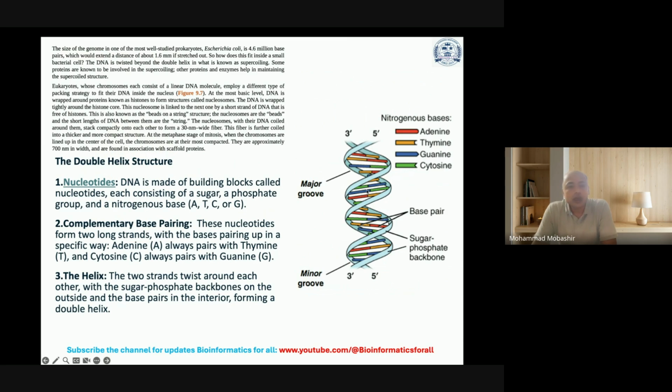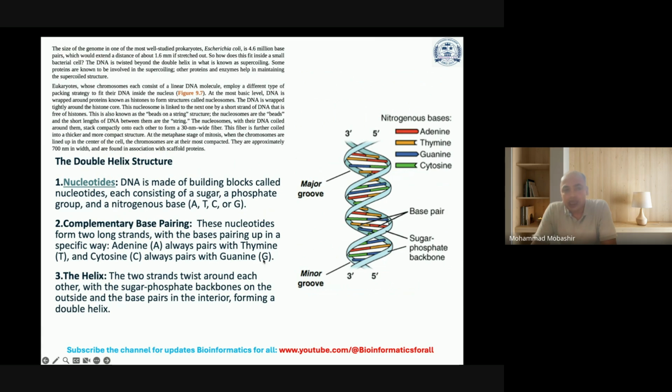Now, complementary base pairing: these nucleotides form two long strands with the bases pairing up in a specific way. For example, adenine always pairs with thymine by using two hydrogen bonds. Then cytosine always pairs with guanine by three hydrogen bonds. As you can see, these base pairs are here.